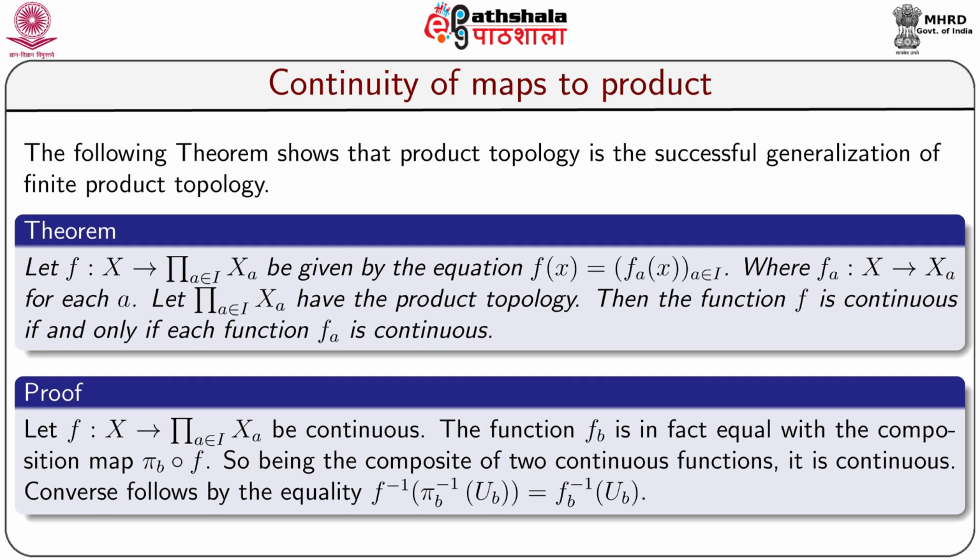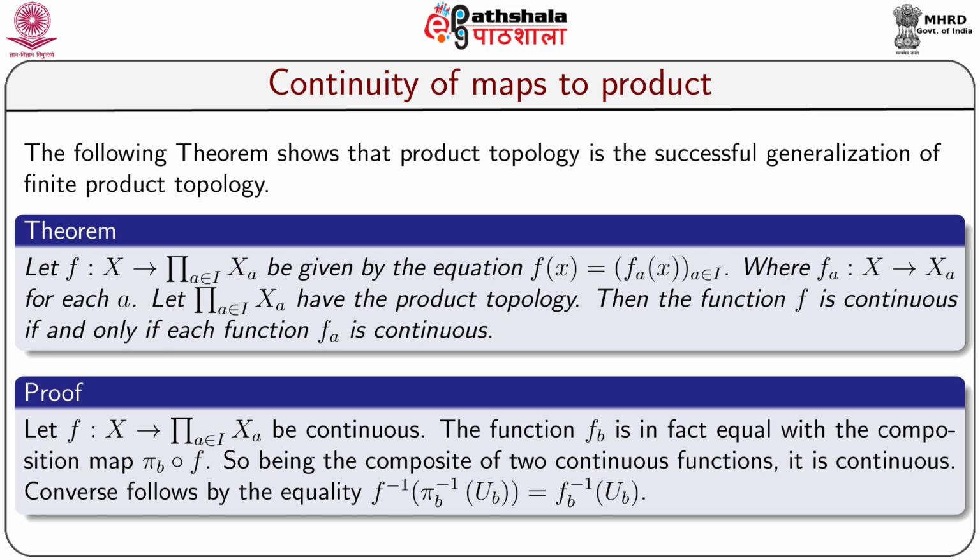For the converse part, we have to prove that f_β is continuous. But what is f_β inverse of U_β, where U_β is an open set in X_β? This is nothing except f inverse of π_β inverse of U_β. But π_β is the projection map, so continuous, that means π_β inverse of U_β is an open set.